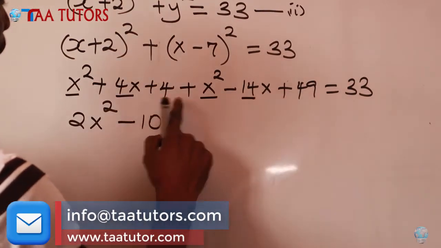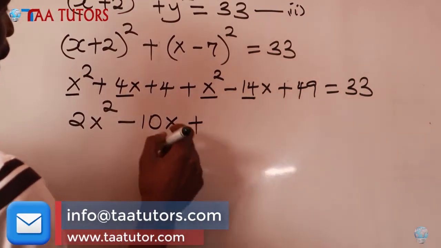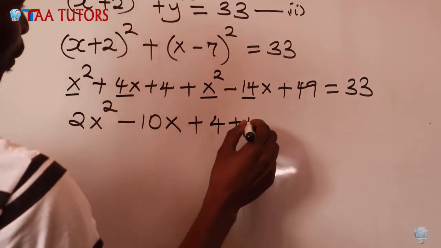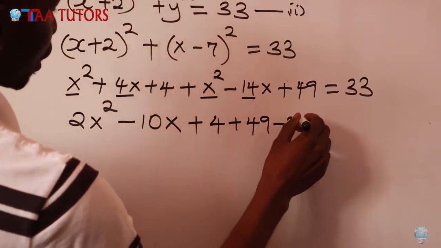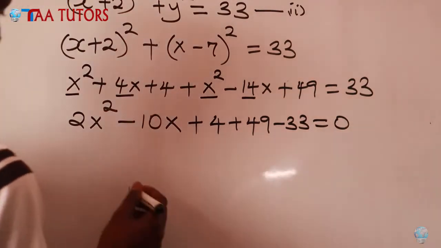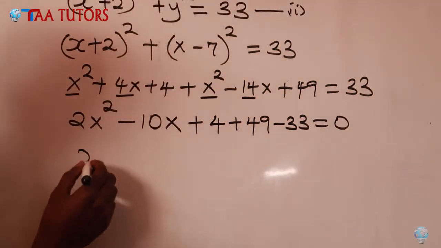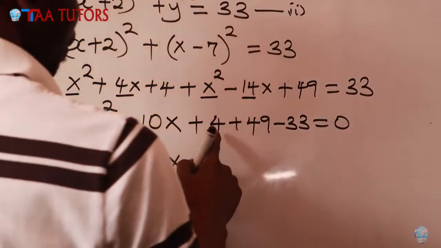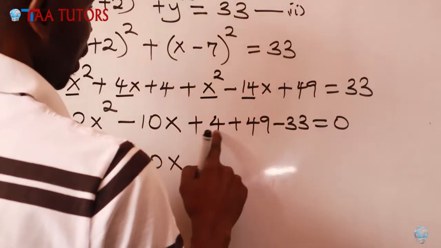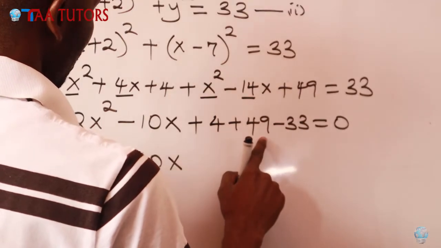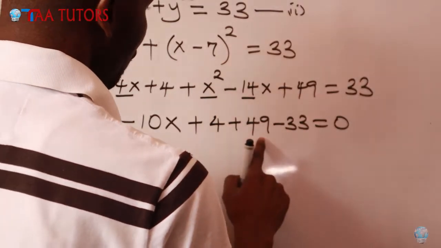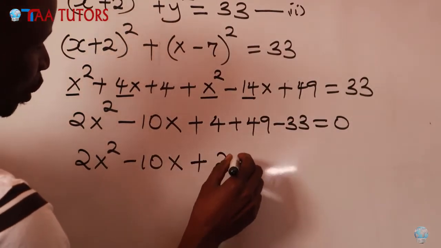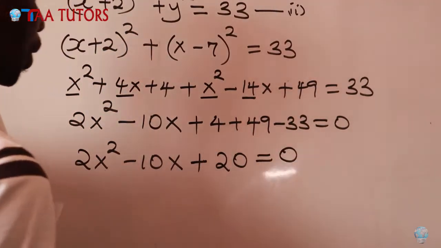Then I have 4 and 49, so I have 4 plus 49 minus 33 equals 0. 4 plus 49 is 53, and 53 minus 33 is 20, plus 20 equals 0.